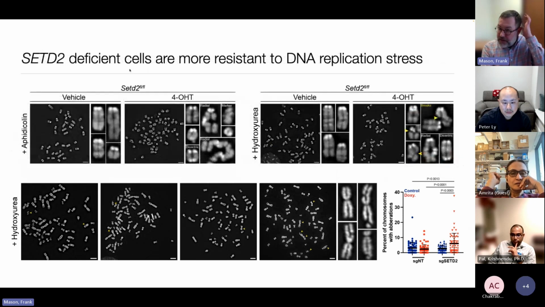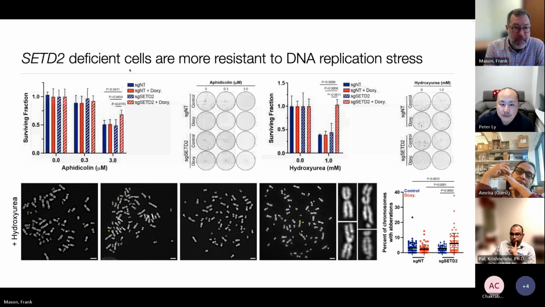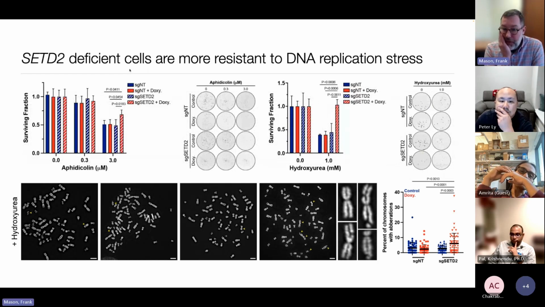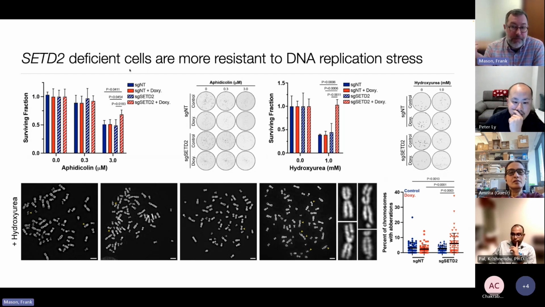And you can see in some cases they're quite extreme, forming these radial chromosomes or marker chromosomes that lack centromeres. But one surprising result that we found is that if we quantify viability in these cells using colony-forming assays, we see that treatment of cells with acetylcholine or hydroxyurea to promote replication stress, the SETD2 knockout cells, despite having more chromosomal aberrations or DNA breaks, are actually more resistant to these drugs.